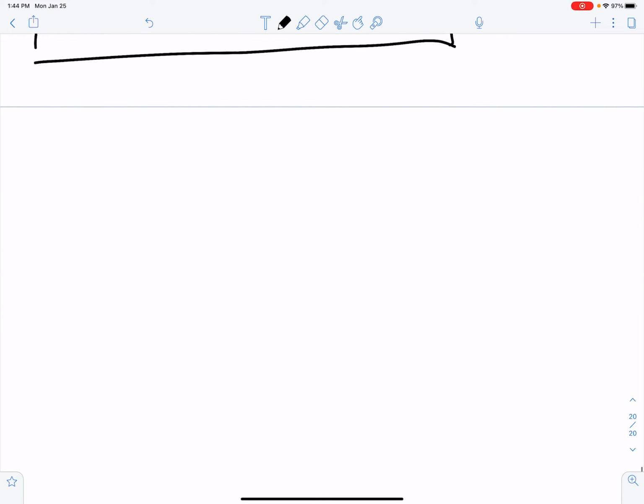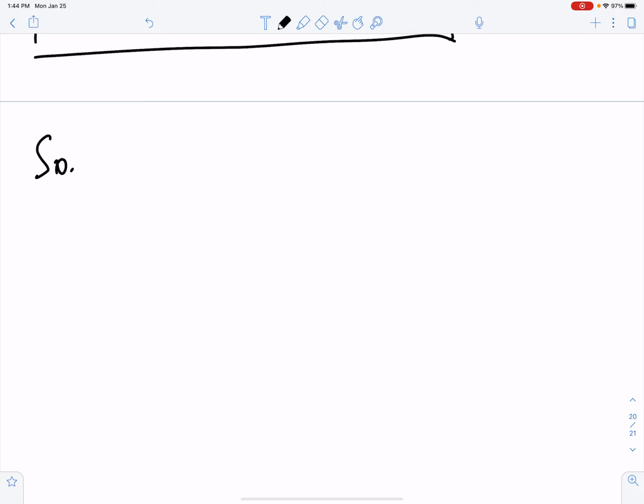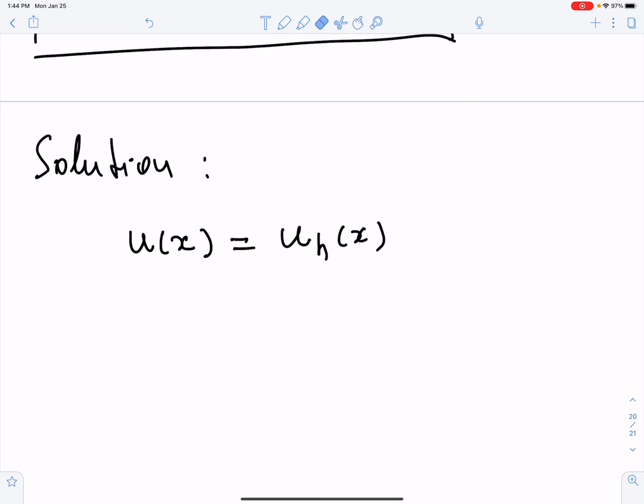So then the way solutions are generated for this case, and again, I can only say a few general things, and then we have to take different cases and see what happens. But the way you construct the solution, if you've taken courses on ordinary differential equations through the math department here, when you deal with boundary value problems, you look at u of x as something that's composed of two parts, uH of x and uP of x.